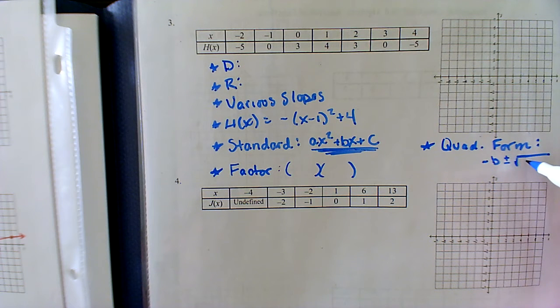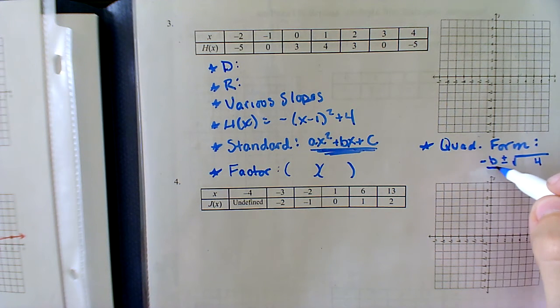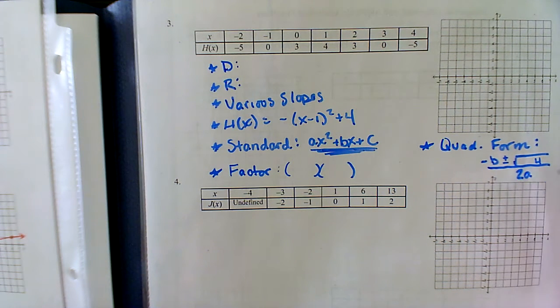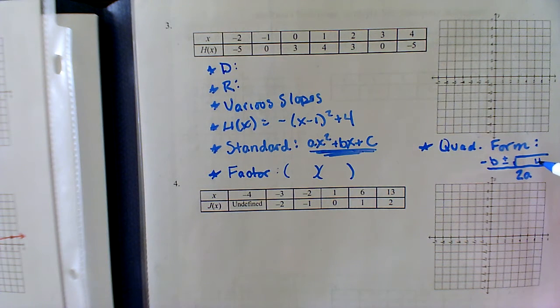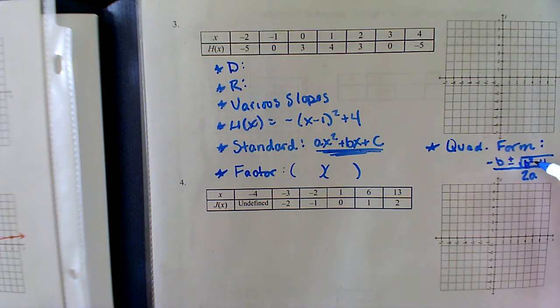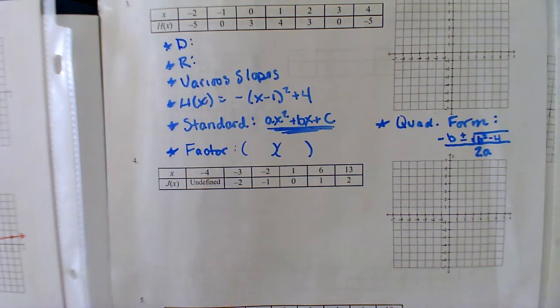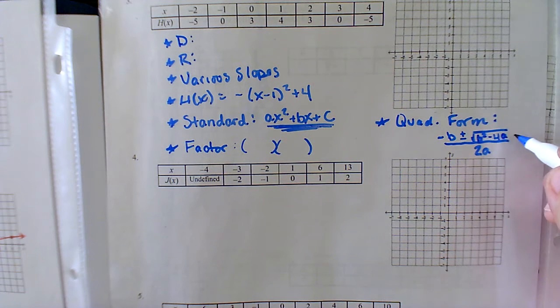Yep. 4? There's a 4 in it. Yeah. I know it's over 2a. All over 2a. I just forget what's in the square root. Go, Cameron. Is it a squared or b squared plus 4ac? B squared minus, can you guys see that, sorry? B squared minus 4ac all over 2a.